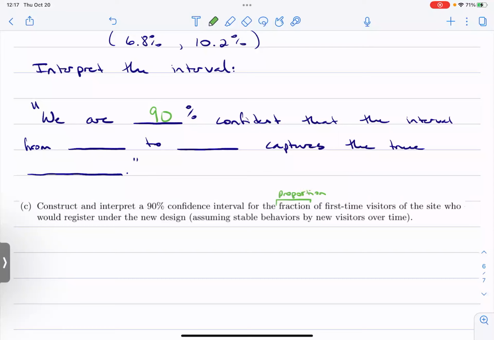If you reported it as a percentage, of course, if you're doing it in an assignment, it'll be specific.